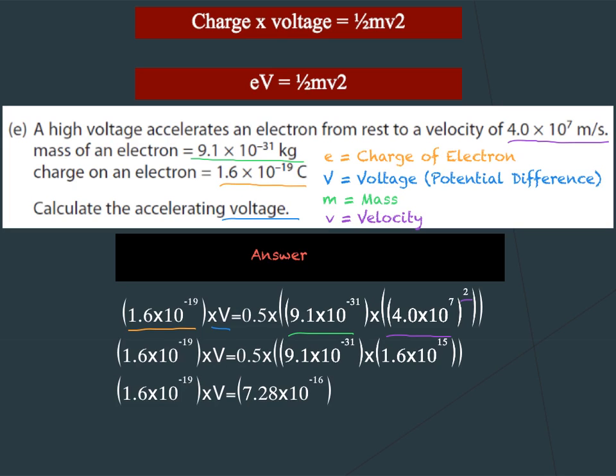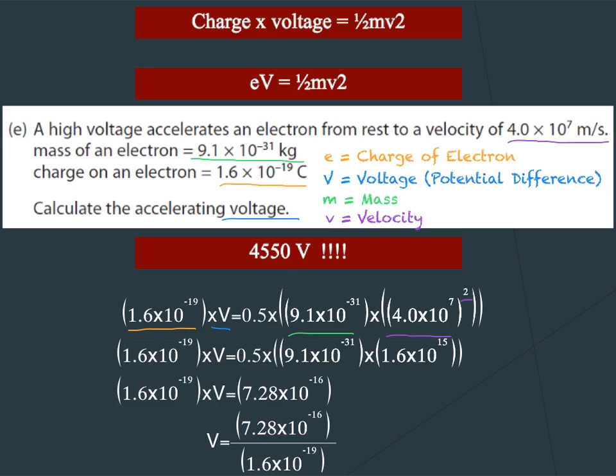In order to work out V, we now need to divide both sides by 1.6 times 10 to the minus 19, which will give us a final answer of 4,550 volts.